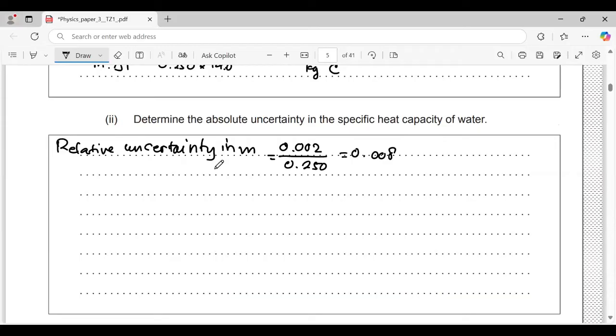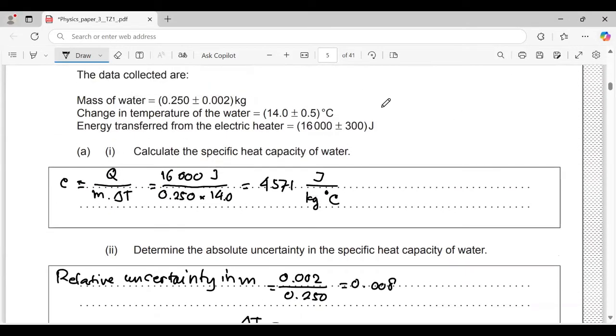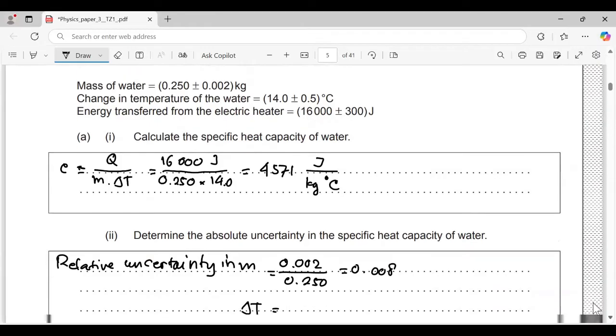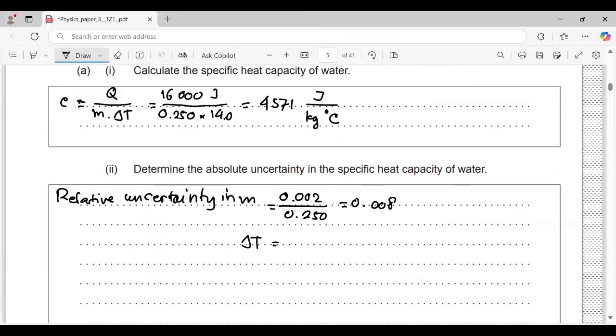And then the relative uncertainty in delta T: delta T uncertainty is 0.5, just now mass was 0.002, now delta T is 0.5 over 14.0.